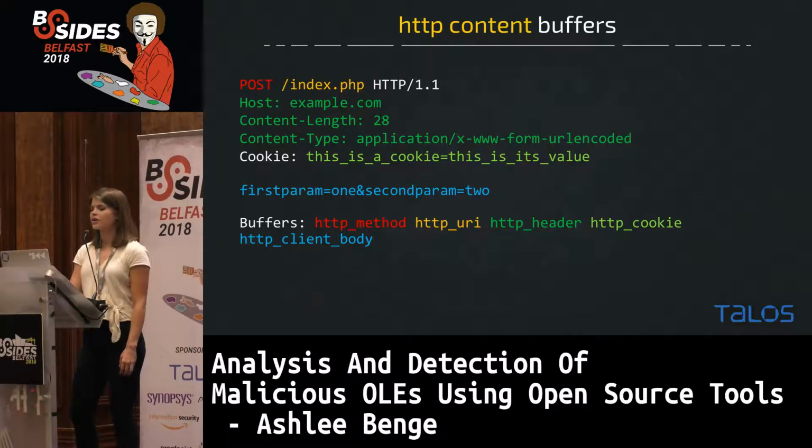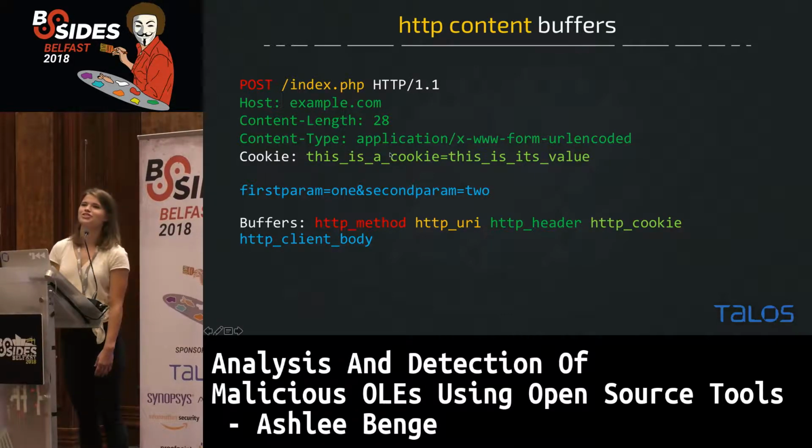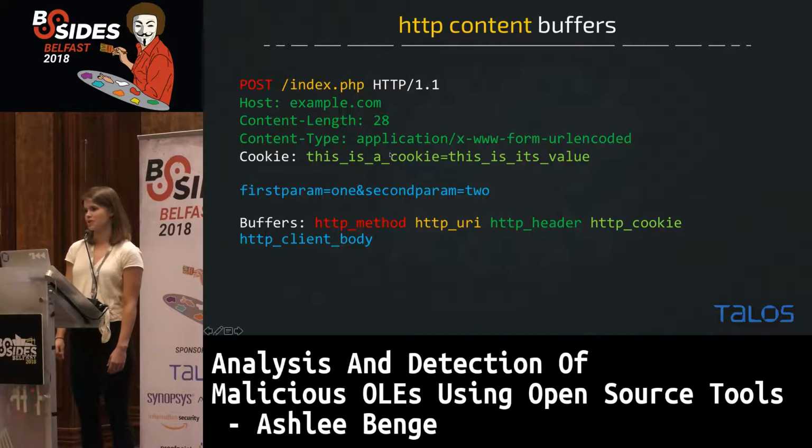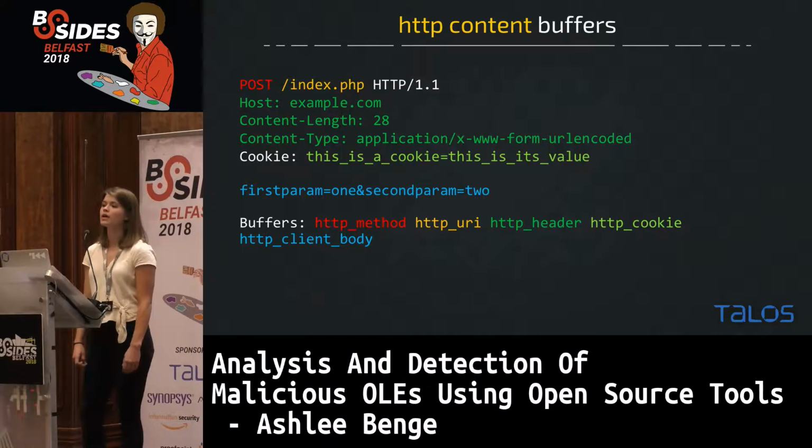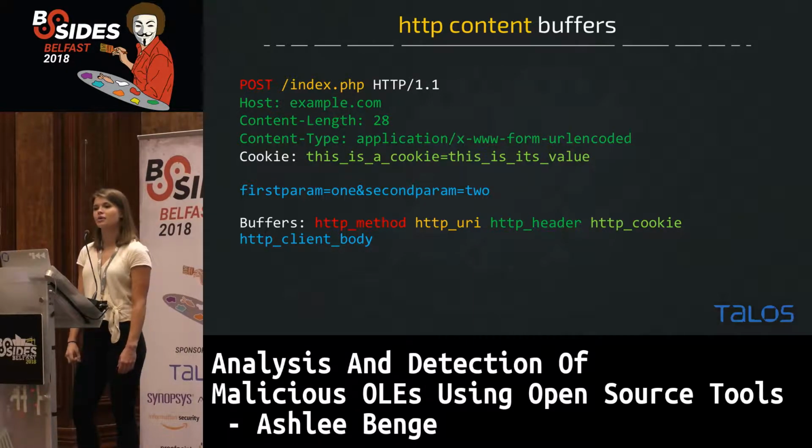Something I'd like to point out here that we see a lot when people submit to our community rule set is that you should never, ever, ever match on the HTTP method. That would be, in this case, this POST here. And the reason for that is that you're not actually doing anything to help limit inspection. So our goal when we write a Snort rule is to limit the amount of traffic that we're inspecting, because this is computationally intensive and slow.